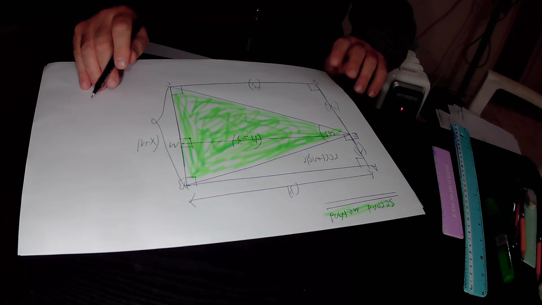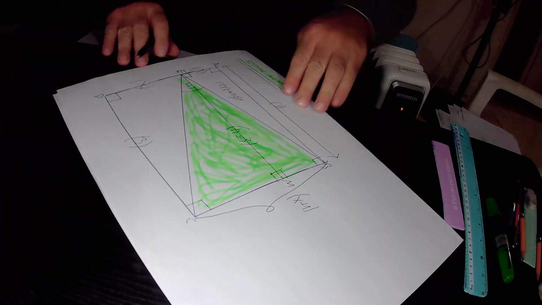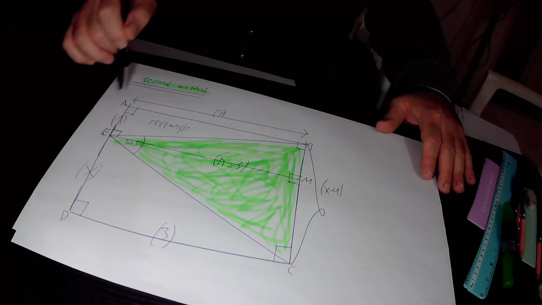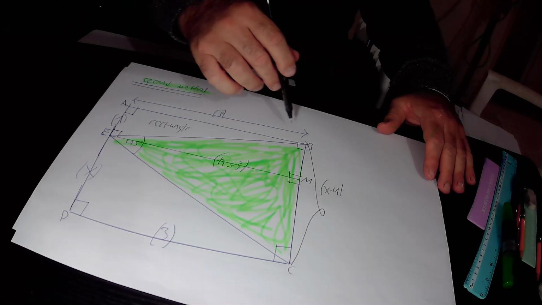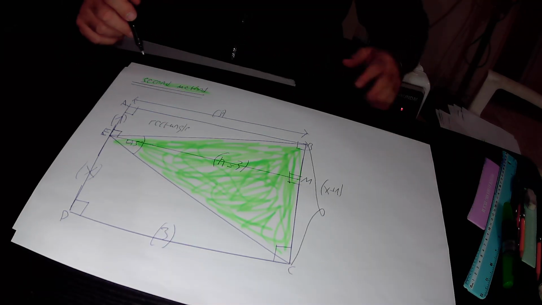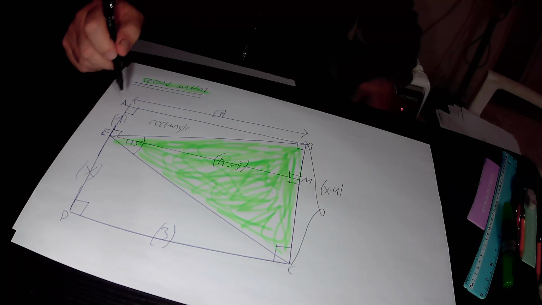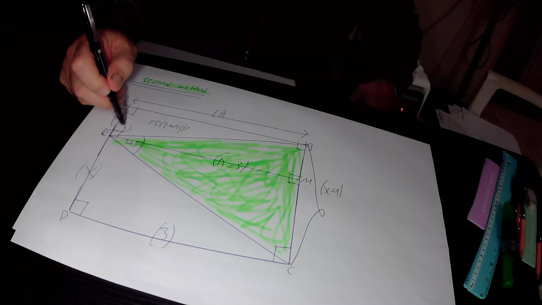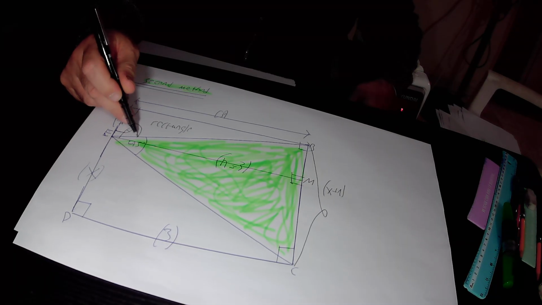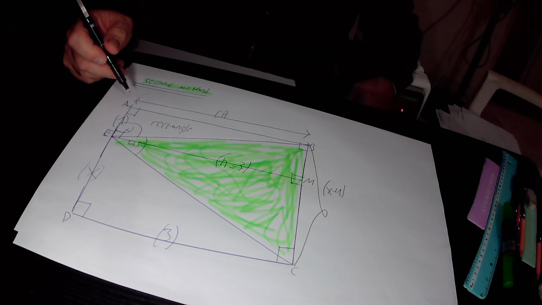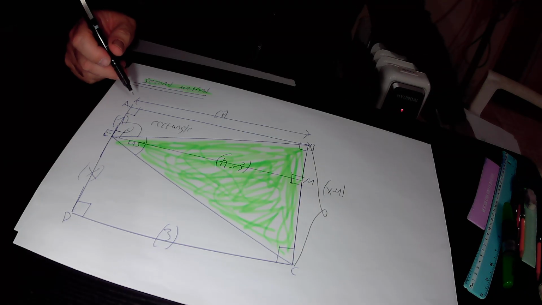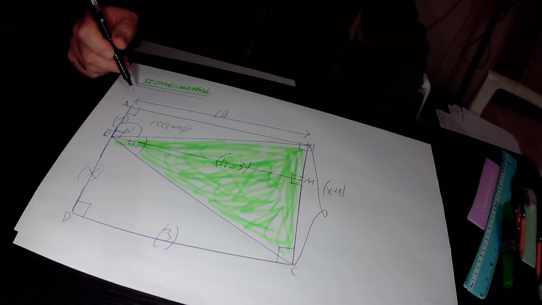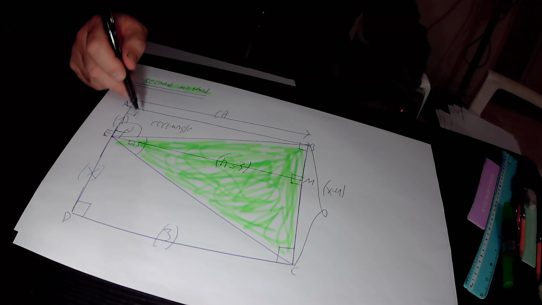In the next step, we'll focus on this upper right triangle BAE. This is the upper right triangle BAE. And we'll define this angle AEB as theta. So angle AEB equals theta according to our definition.